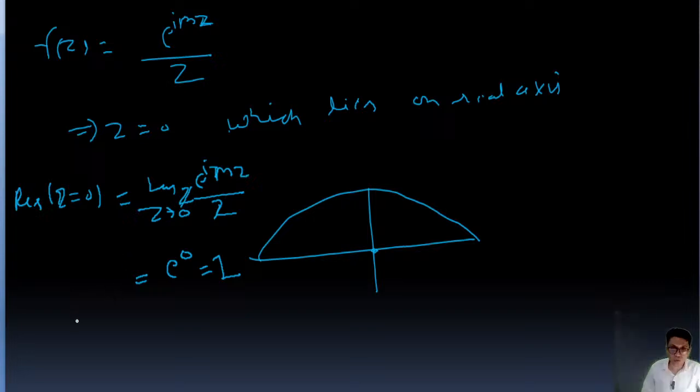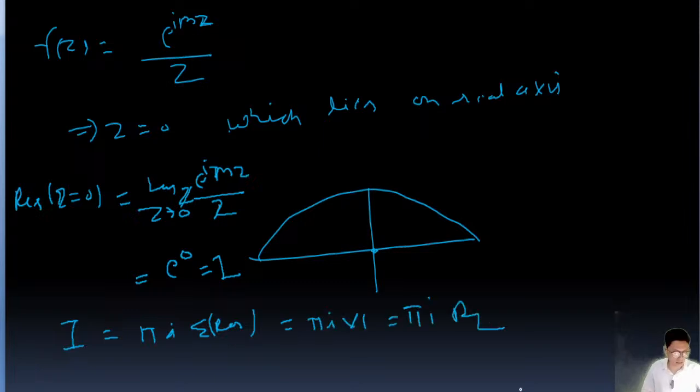So the value of I is going to be, because it is on the real axis, pi i sigma residue, so pi i into 1, that is pi i. This is the answer, guys.